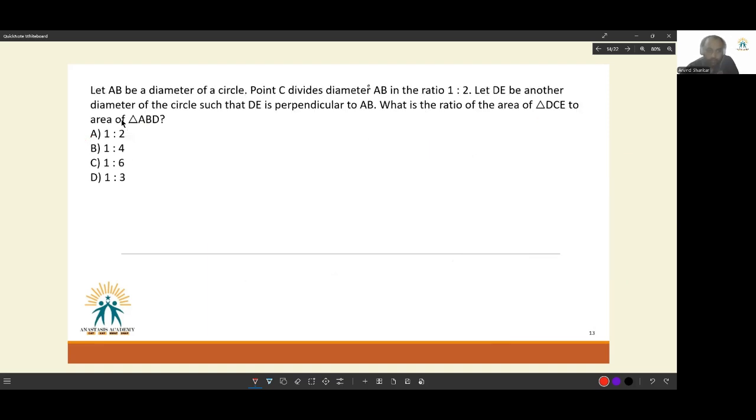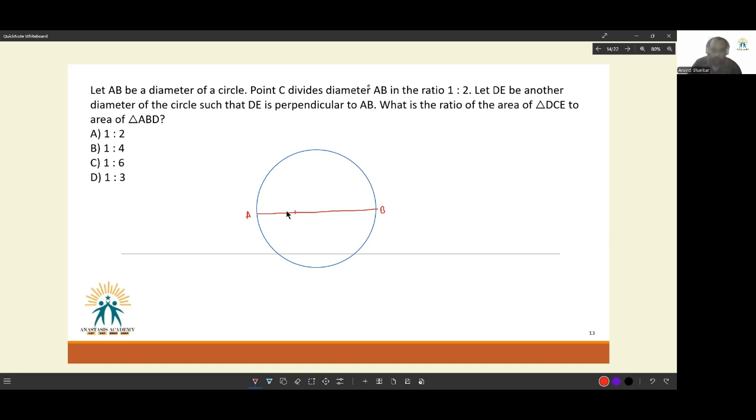Okay. Next, let AB be a diameter of the circle. Break this down. AB is a diameter of the circle. Point C divides the diameter AB in the ratio 1:2. So A, B, I'm saying let this entire diameter be 12.